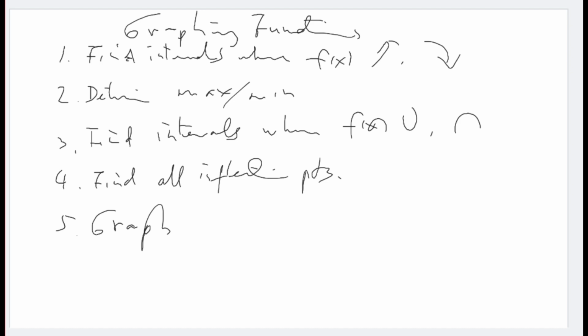Step 2: once you have the sign chart, you can easily determine the maximum and minimum using the first two tests as we did previously. Step 3: determine the concavity structure, finding the intervals where the function is concave up and concave down. Step 4: find the inflection points. They are very important because they show us the changing of the bending of the graph, as you'll see from the example.